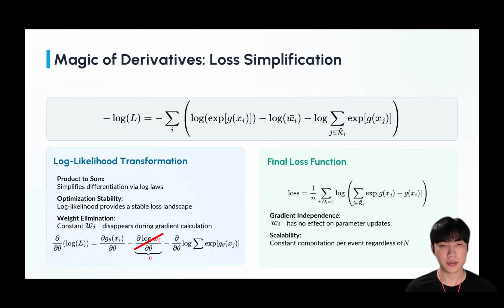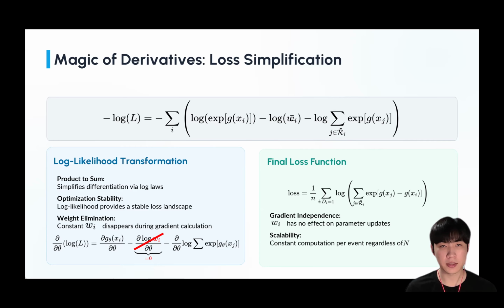Next, the authors transform the likelihood into negative log likelihood loss. Here, the magic of derivatives happens. Notice the log W_i term. Since it's a constant determined during sampling, it becomes 0 during partial differentiation.